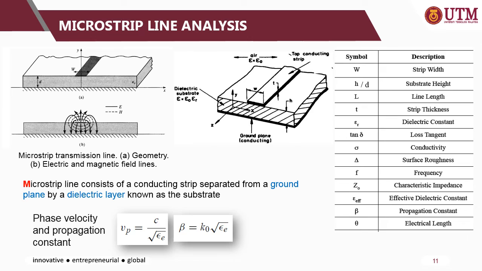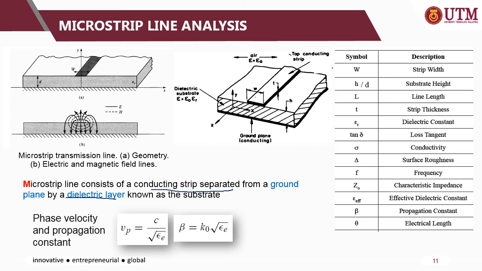So for microstrip line analysis, please make sure you know the difference between the structures, how the microstrip and the strip line look like. Okay, the strip line is sandwiched in between two ground planes, while the microstrip basically consists of a conducting strip separated from a ground plane by a dielectric material.